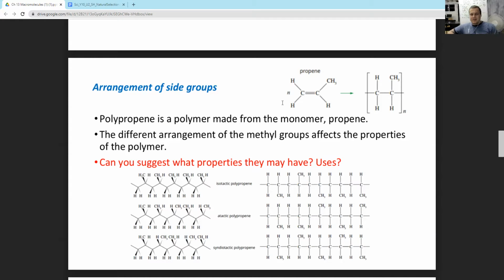Can you see on the syndiotactic that they are regularly alternating one side to the other? What that means is that you will get them packed as closely together as possible.